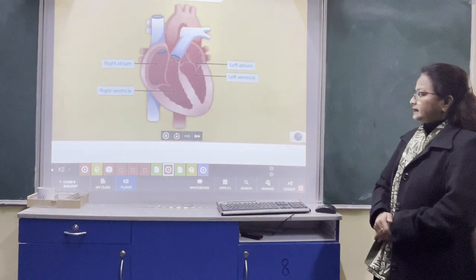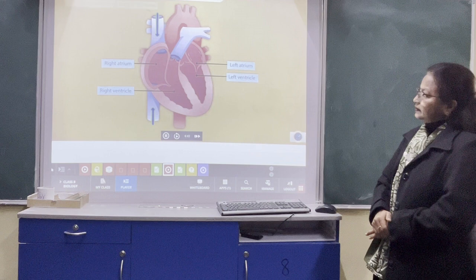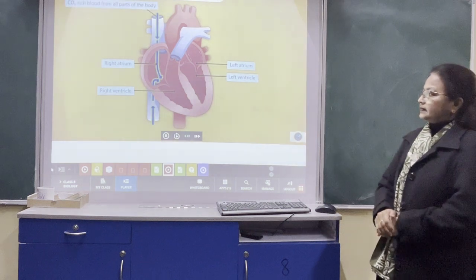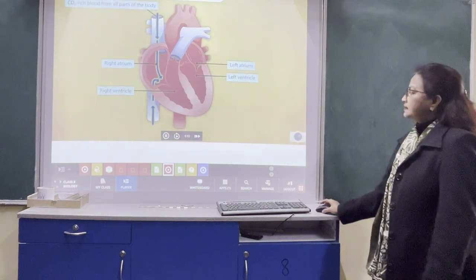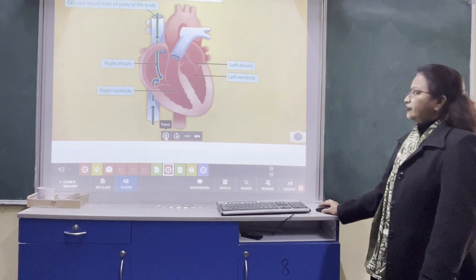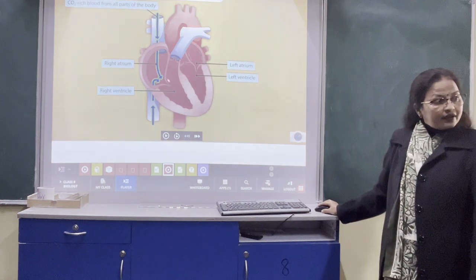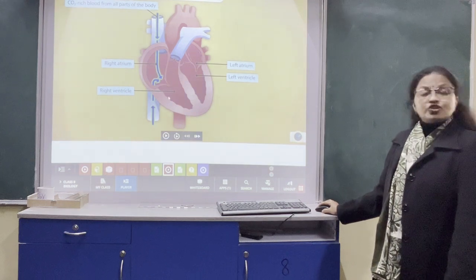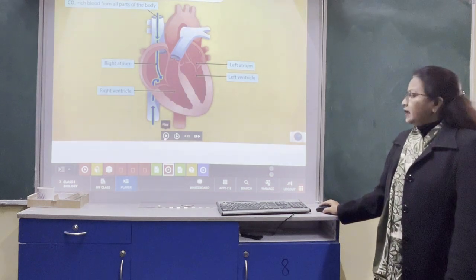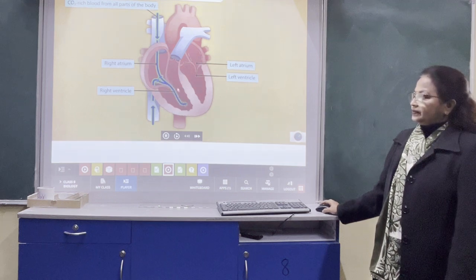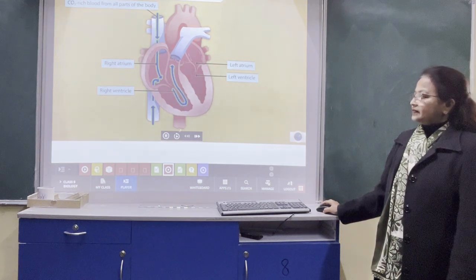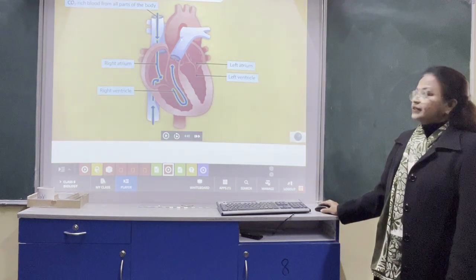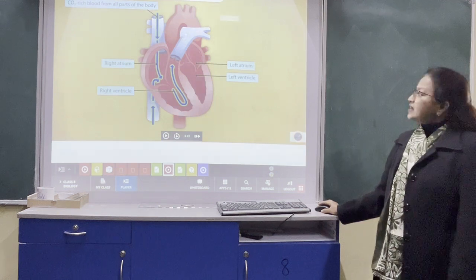Superior and inferior vena cava bring carbon dioxide rich blood from all parts of the body to the right atrium. From here, blood will go into our, come on, from the right atrium it should go into our right ventricle. The right atrium contracts and sends this blood to the right ventricle. And from here, which arteries are these?